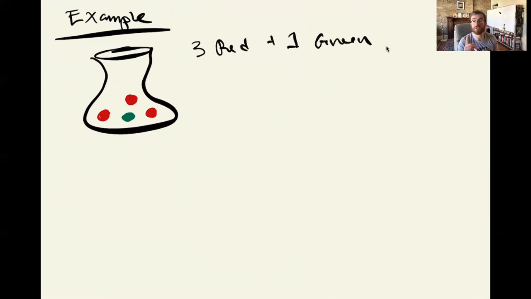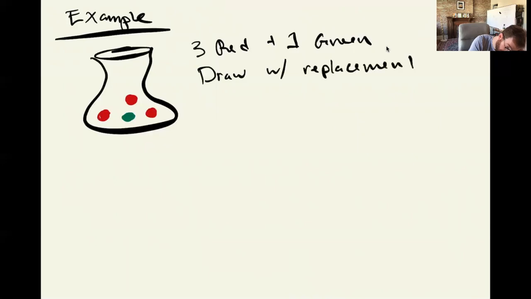And suppose we're going to draw with replacement 10 times. What is the probability of, let's say, having 5 green balls out of 10 draws? Question.